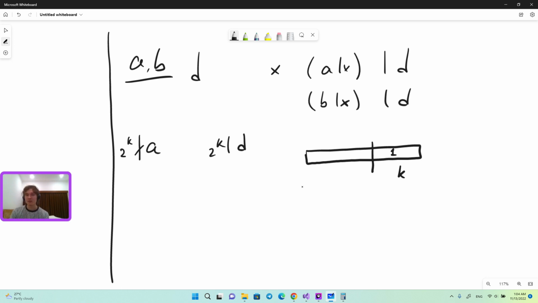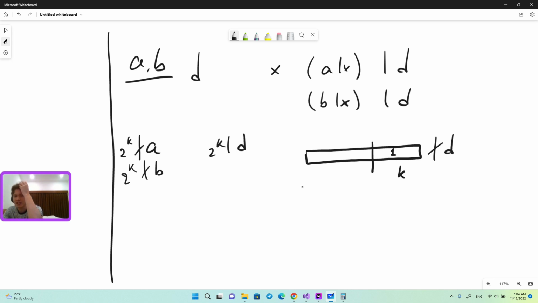And this means that it cannot be divisible by d, because d is divisible by 2 to the k, but this string disallows us to be divisible by 2 to the k. So if this or this, then we lost.